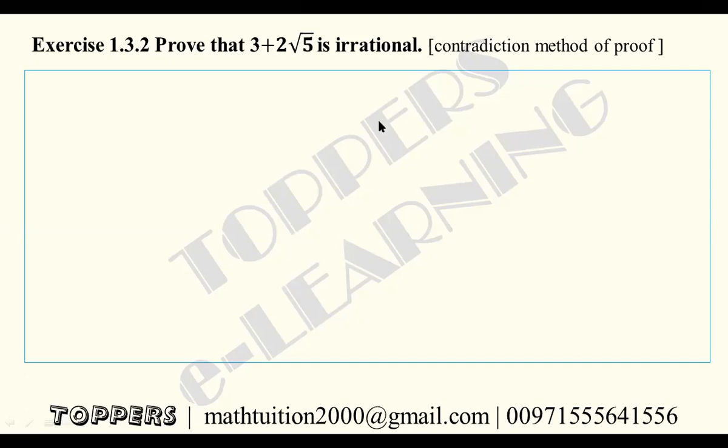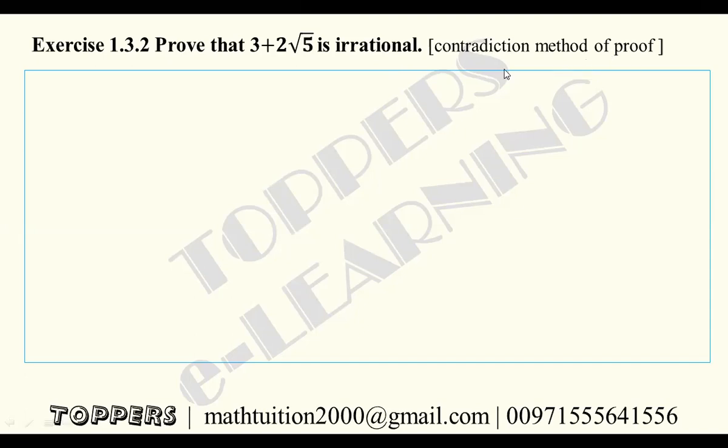How will you prove this one? We are using the proof by contradiction method. First we will assume that 3 plus 2 root 5 is rational. Actually it is irrational, but we are going to prove by contradiction method.